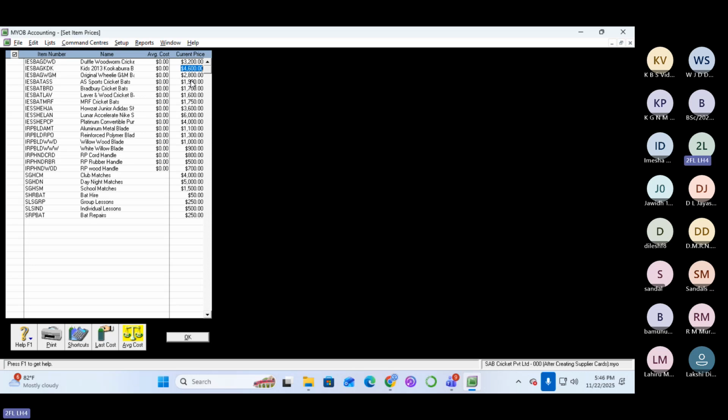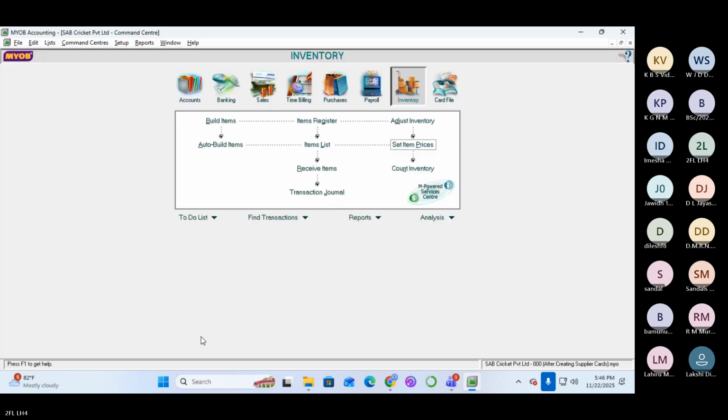Right. So that is about the inventory items and selling items creation topic. And I was referring to the schedule. According to the schedule, not next week, the week after, the quiz is scheduled.